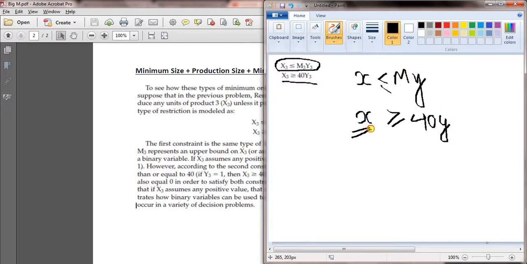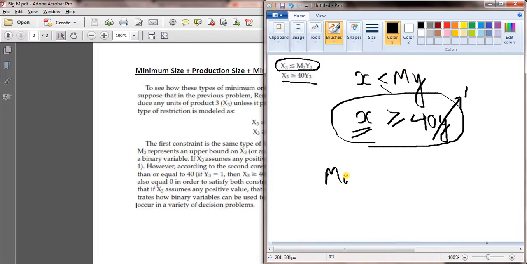If x is produced, then y is 1 and x has to be at least 40. So this constraint is called the minimum requirement constraint. This constraint here is the linking constraint and this is the minimum requirement constraint.